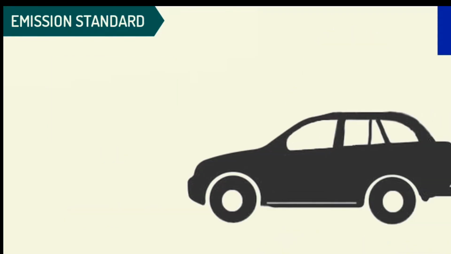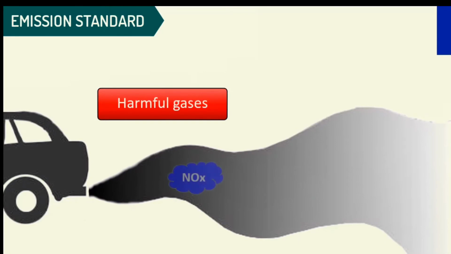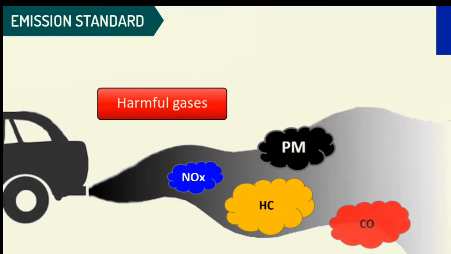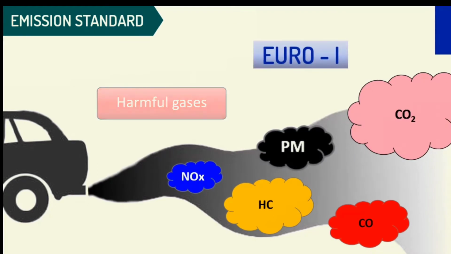These norms gave permissible limits on harmful gases such as nitrogen oxide, hydrocarbon, particulate matter, carbon monoxide, and carbon dioxide. Each car maker must follow these norms. It is called the Euro 1 standard.